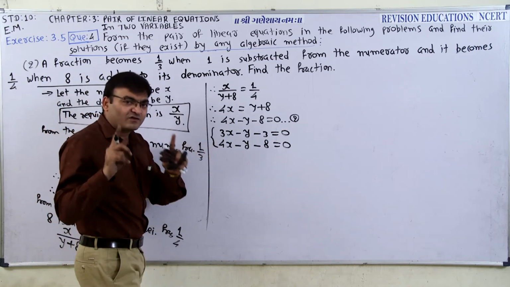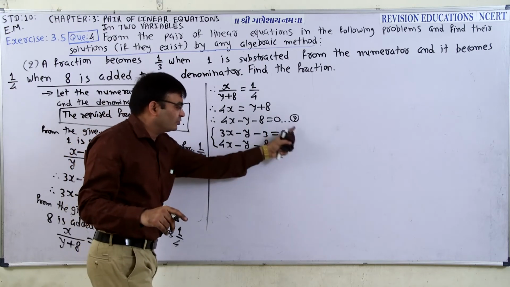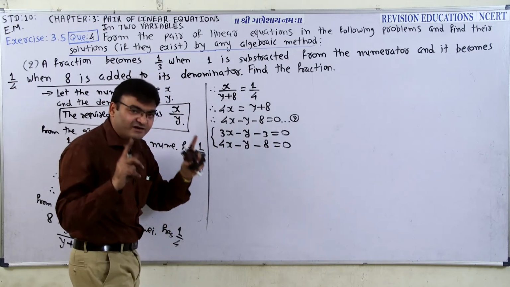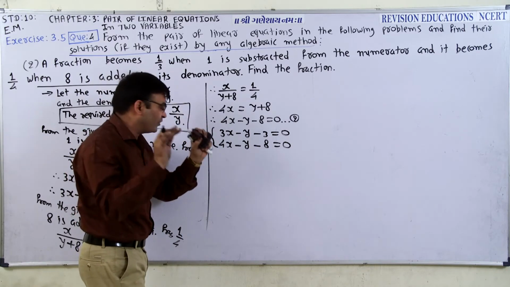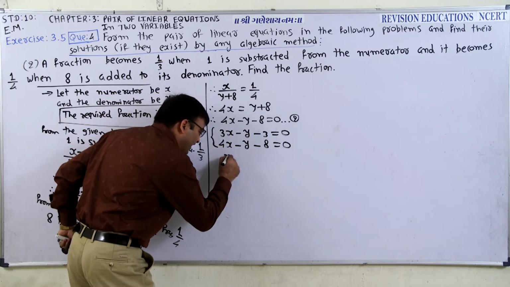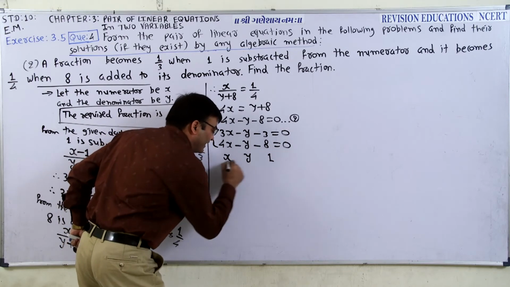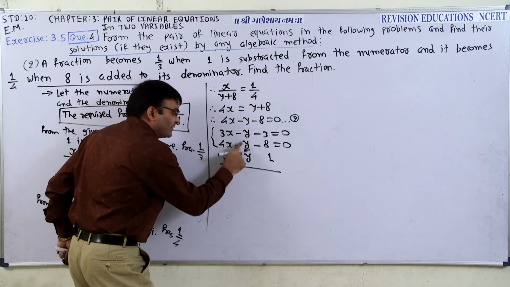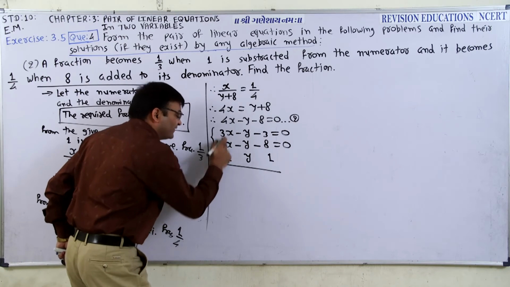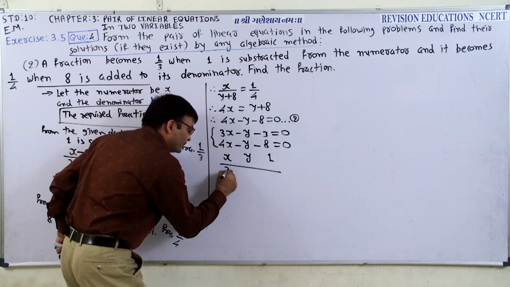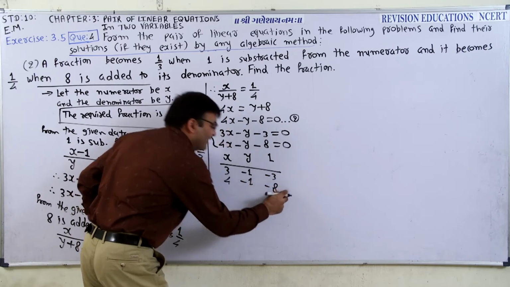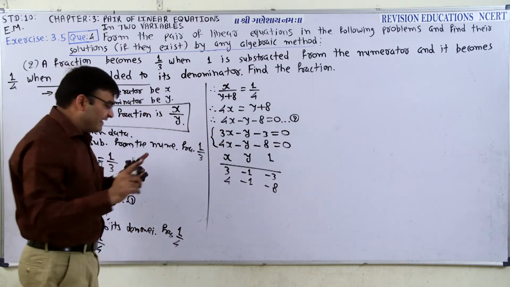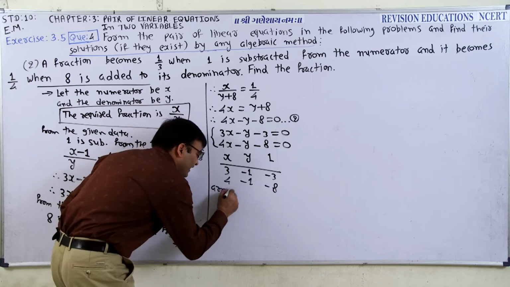For the cross multiplication method, you have to write the standard form first. Now x, y and 1, a1, a2, b1, b2, c1, c2. Write the coefficients of it: 3, 4, minus 1, minus 1, minus 3 and minus 8. Now arrange the coefficients.